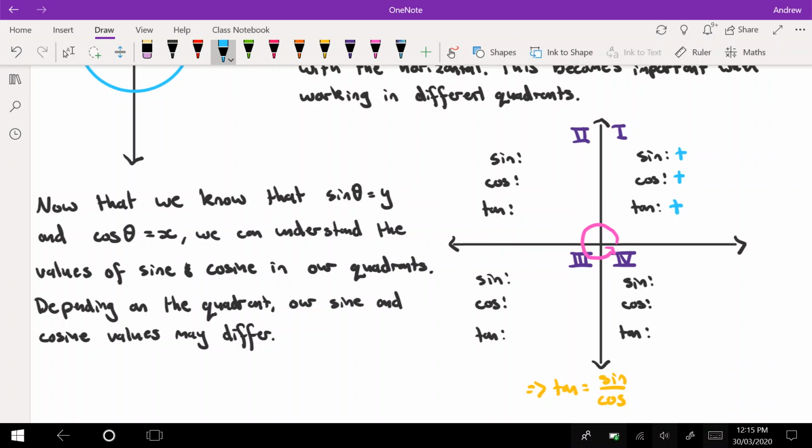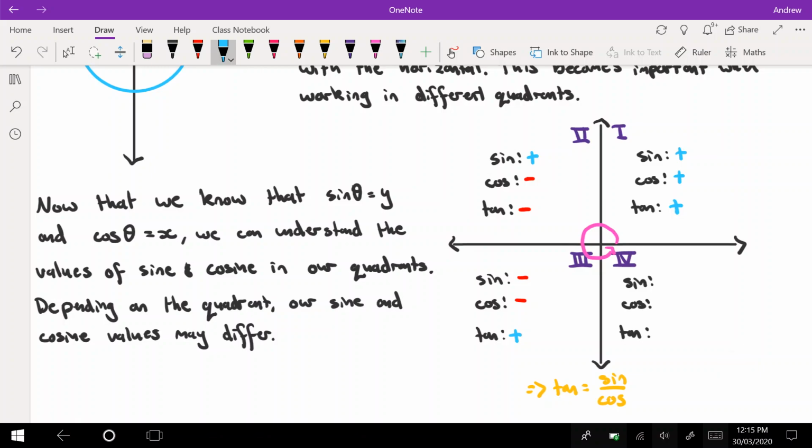My second quadrant, quadrant 2. My sine value, I'm still positive with sine. My y value is still positive. X though, my cosine of theta is now negative. And that will change my tan to a negative as well. Sine and cosine in my third quadrant, my bottom left quadrant, well, they're both negative, and a negative divided by a negative gives me a positive.